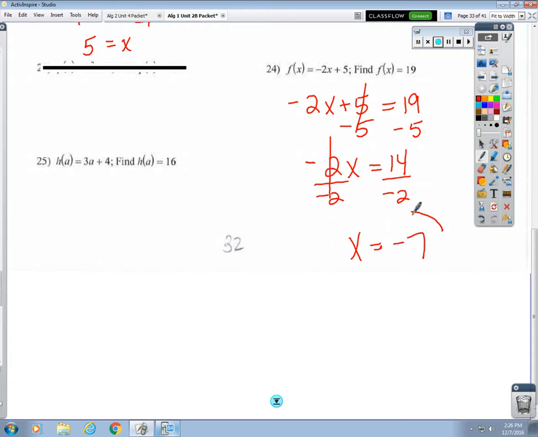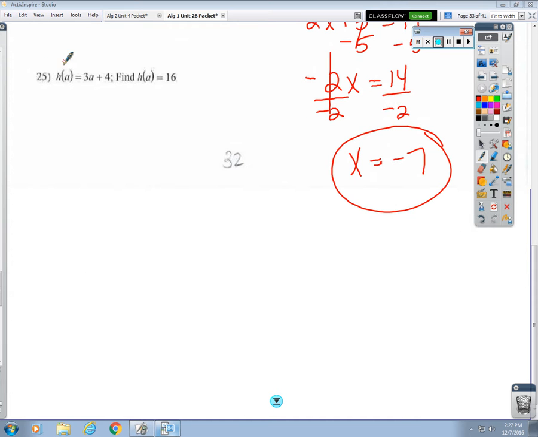Okay, now that I feel like you have a better understanding, now retry 25. Okay, look, Joseph, I don't want to write h of a, okay? So instead of rewriting h of a, what could I replace it with? 16. And why am I able to replace h of a with 16? Because they're equal to each other.